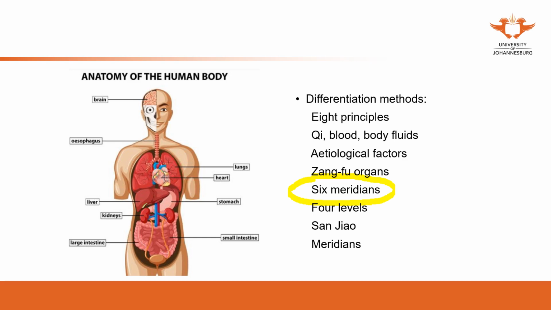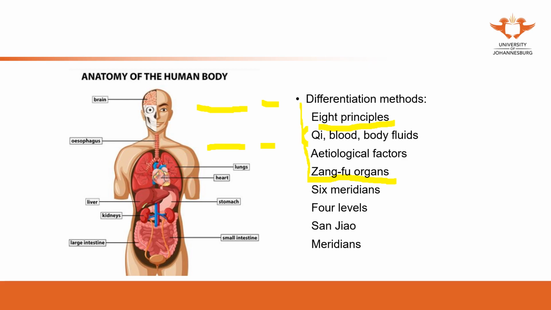Also, when we study the six meridians, it will be a bit different from the Zangfu organs. Until now, from the general introduction, we have introduced that we're going to study all of these differentiation methods. Until today, we have studied the previous four methods apart from the eight principles. We will know where the diseases are, exterior or interior, coldness or heat.